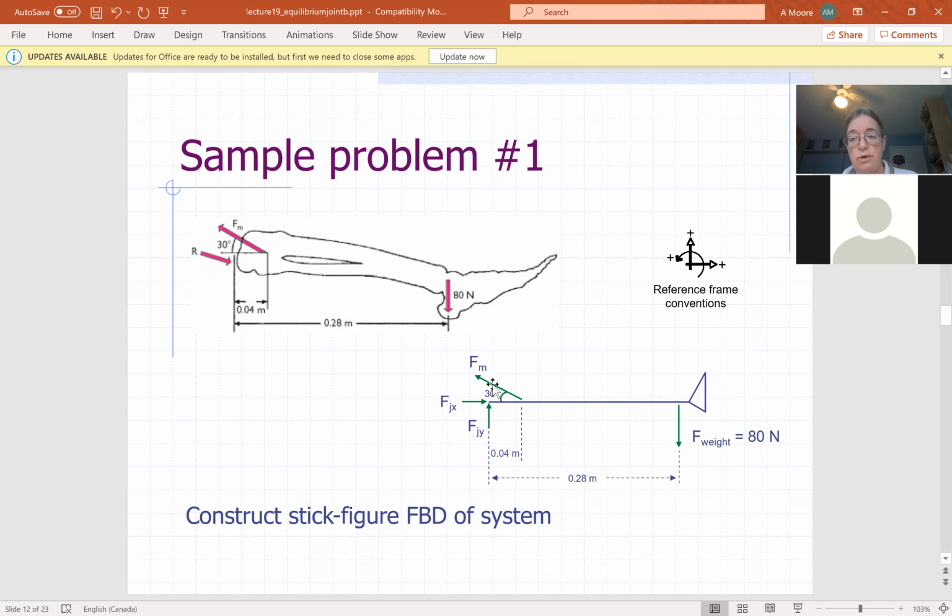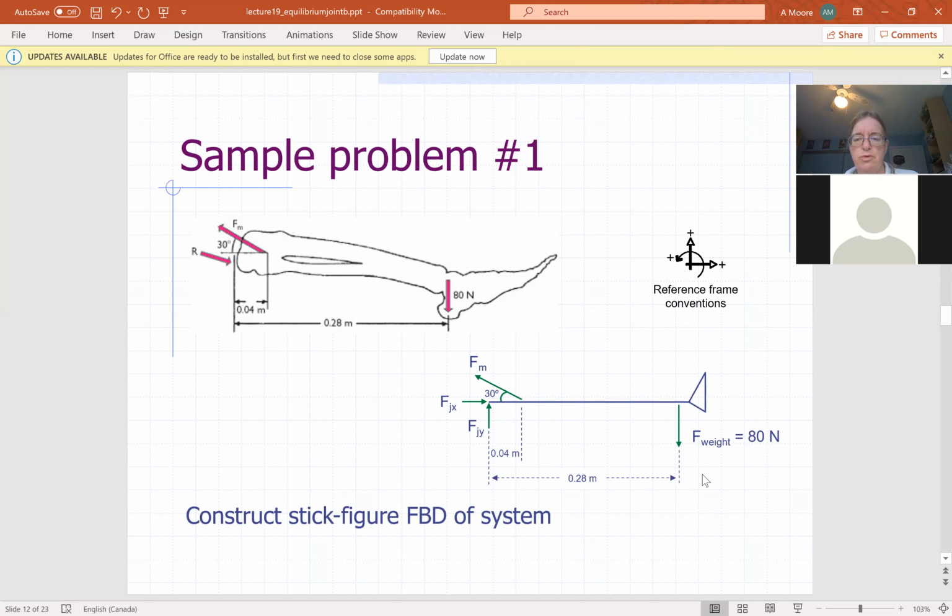If you're doing a joint level equilibrium problem, you know that you're going to draw just a body segment. You're going to chop through the joint, and draw a body segment. It says that you're holding the leg out horizontally. So there you go, I'm holding the leg out horizontally, or the calf and foot.